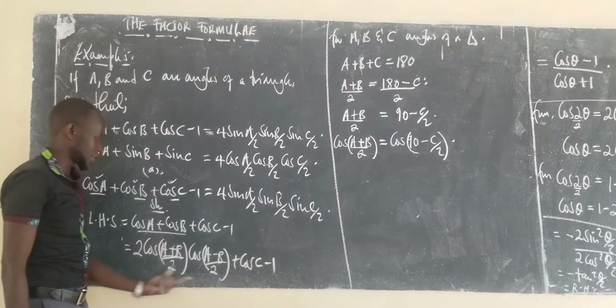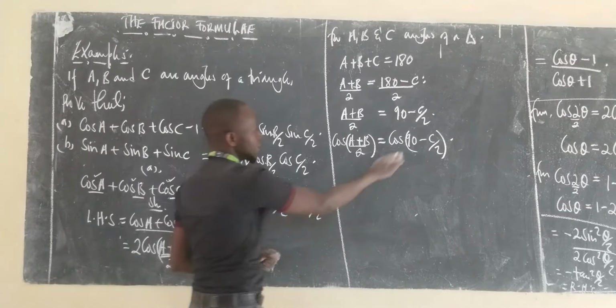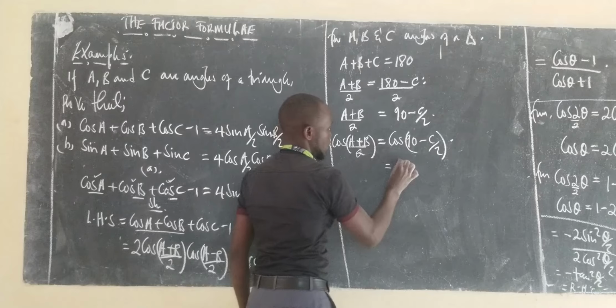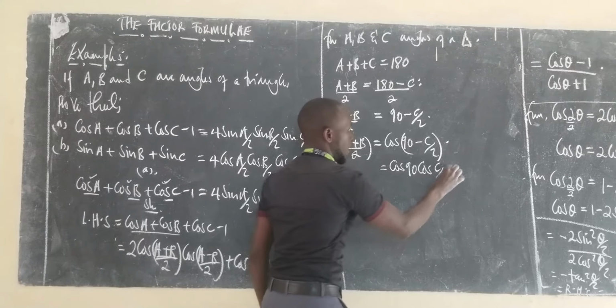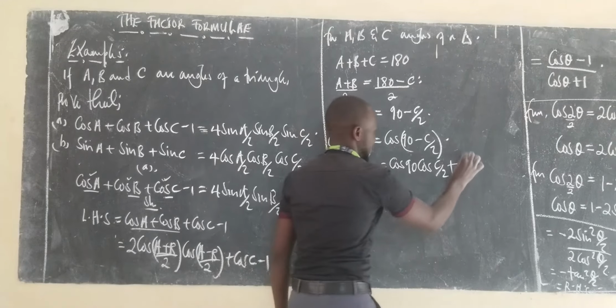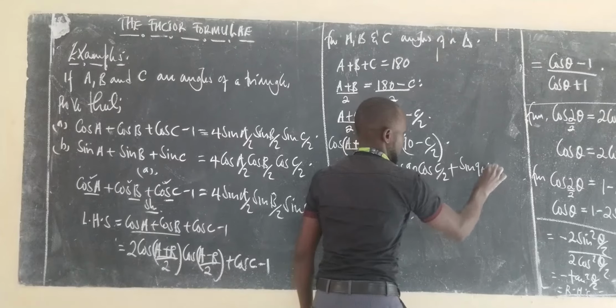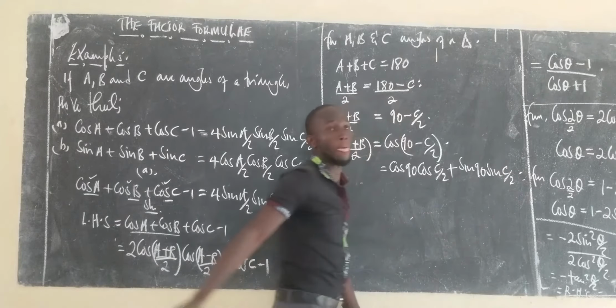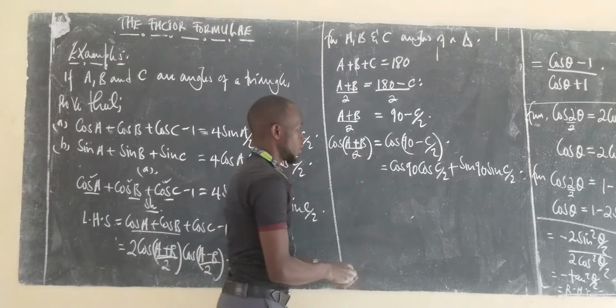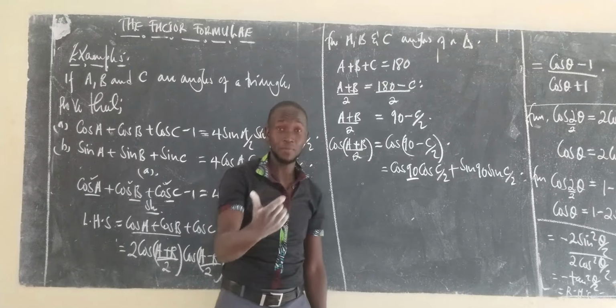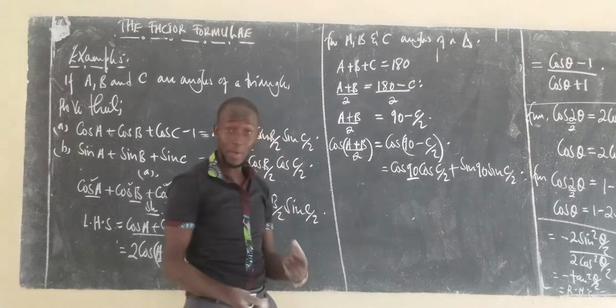When you expand this, you end up getting cos of 90 cos C over 2 plus sine of 90 sine C over 2. Now remember, wherever you're having this, we know the value of cos 90. You can find it with a calculator. If not, you can find it from a curve.